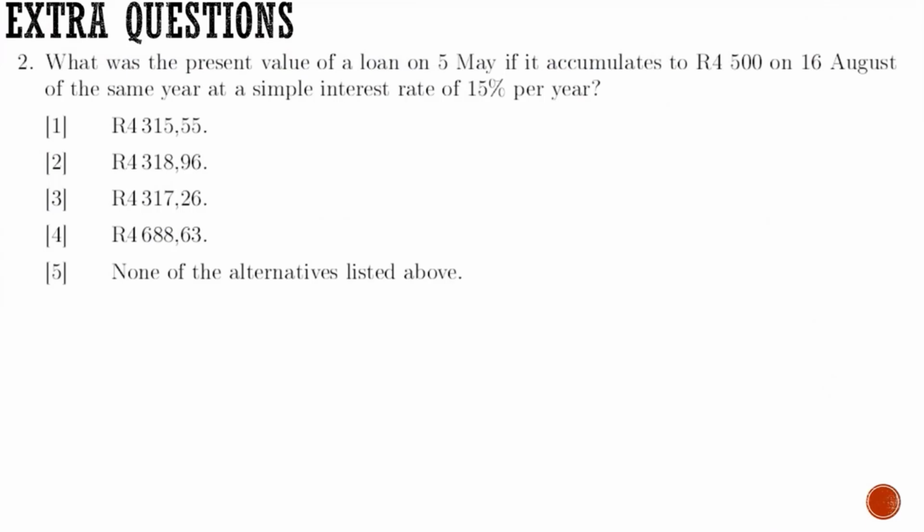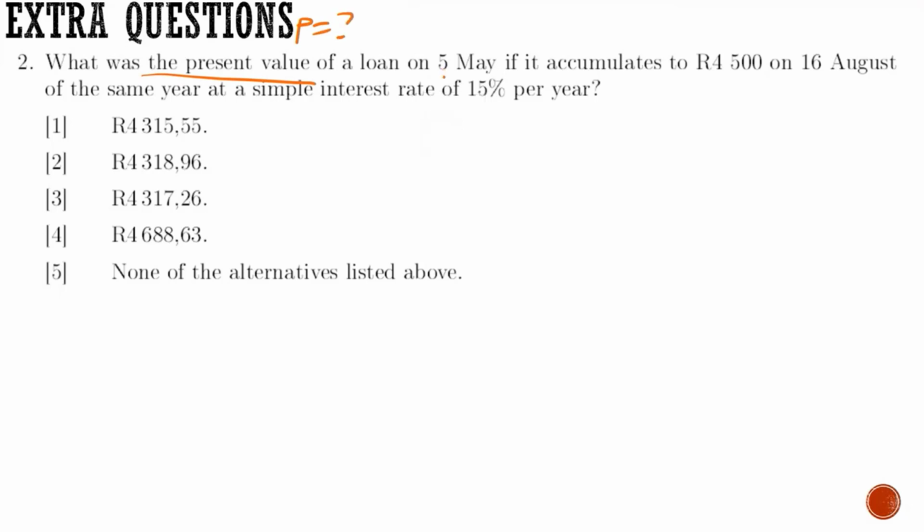Here is the question. It's like we are re-emphasizing what I've just done. What was the present value of the loan? Here you are asked to calculate your P. So you need to find your P here.